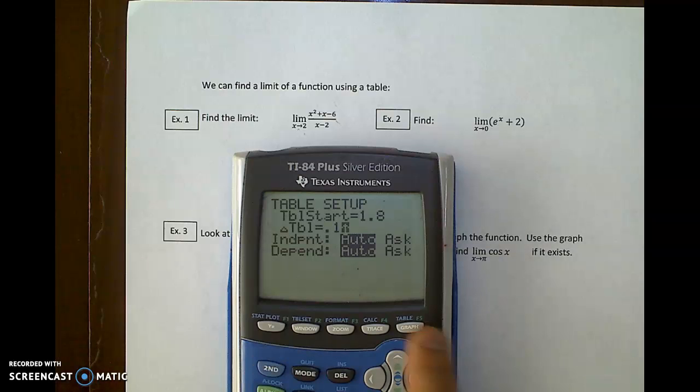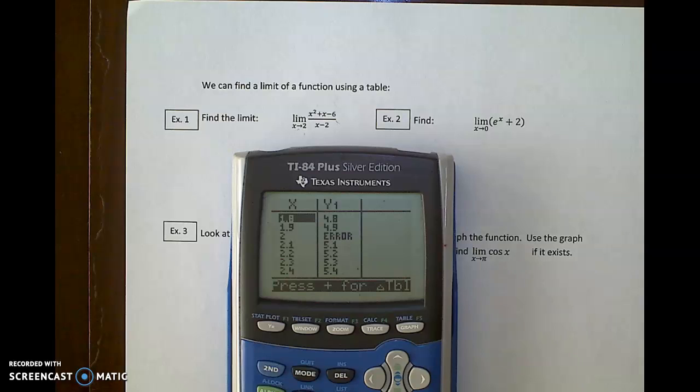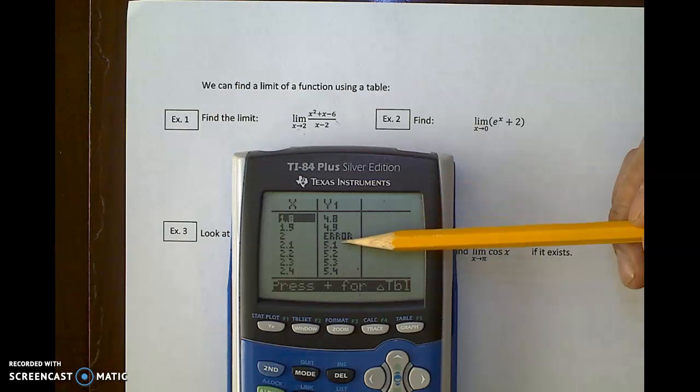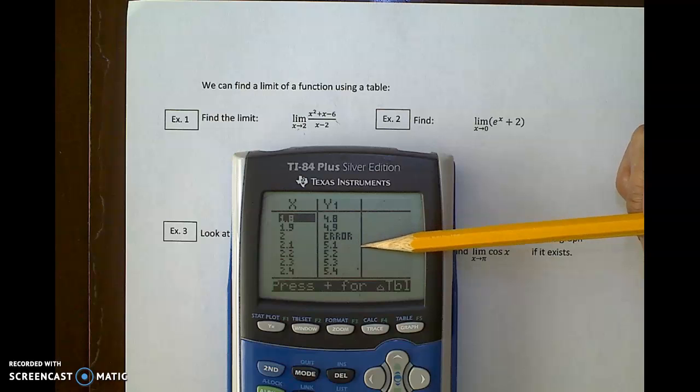We press second table to go back to our table, and we see a little bit more easily that here's an x value of 2, and we get an error message because our function is undefined at 2.